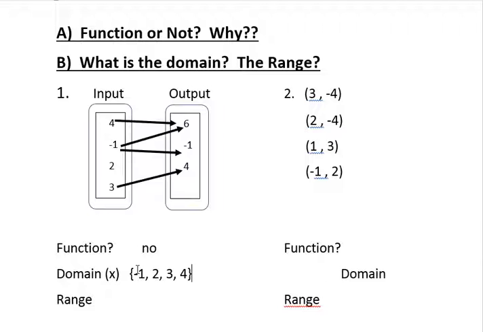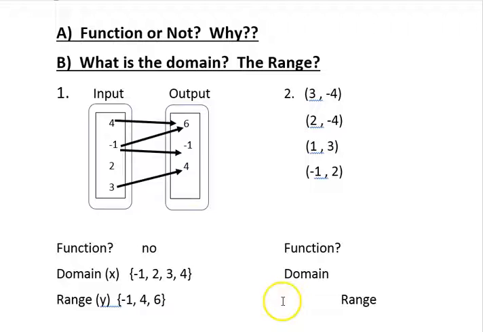Again, the braces mean I'm just putting individual numbers, not going to put anything else. What about our range? What would that be then? -1 or 6. So I think so far, and we'll see here on number 2, that our biggest issue is going to be figuring out this whole function thing or not.